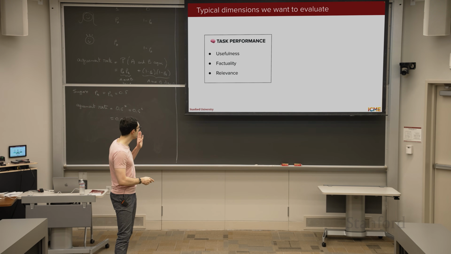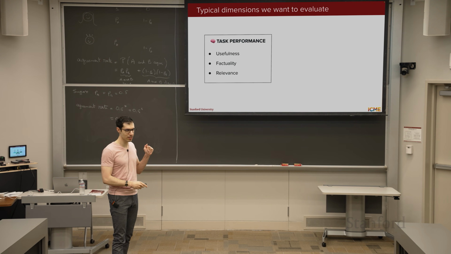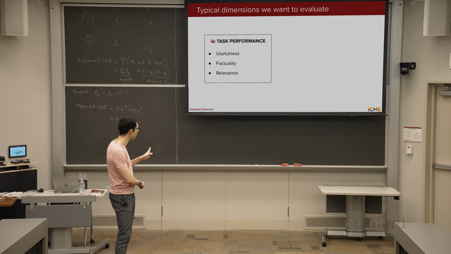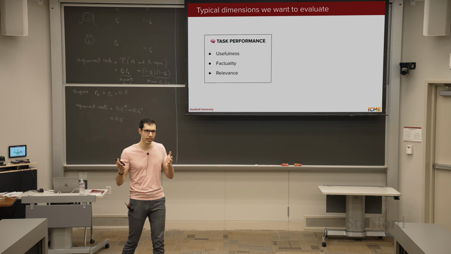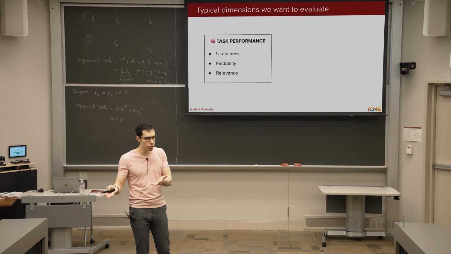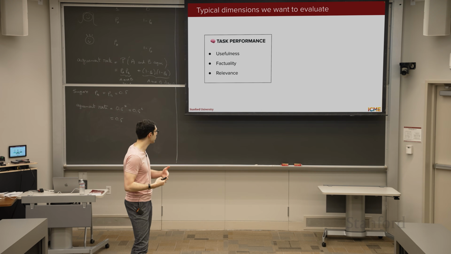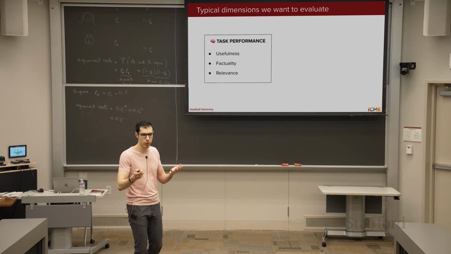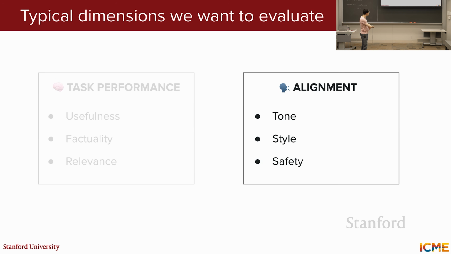One is how well your task is being done, so task performance, with things like was the response useful, was the response factual, was the response relevant, among other things.